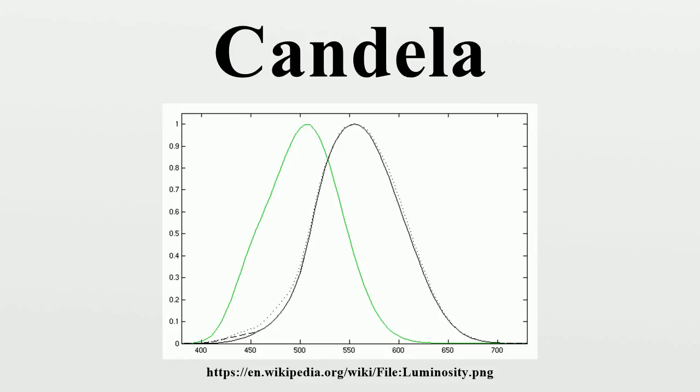Standards organizations recommend that photometric quantities be denoted with a suffix V, to avoid confusion with radiometric or photon quantities.